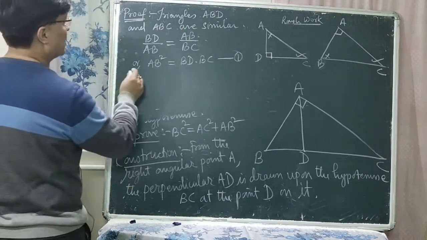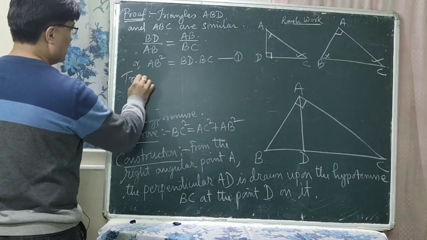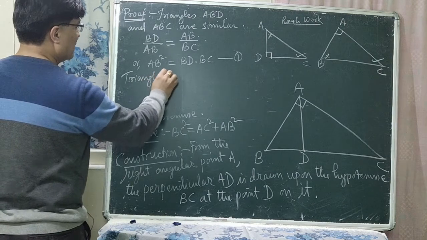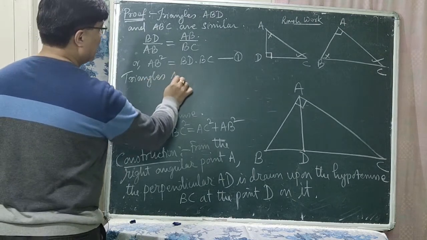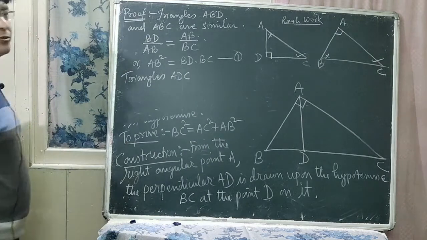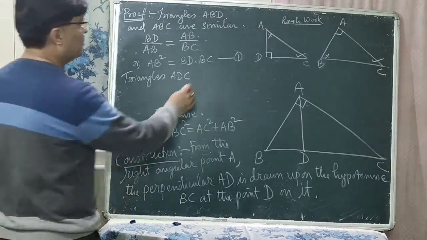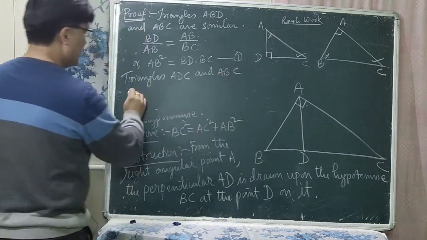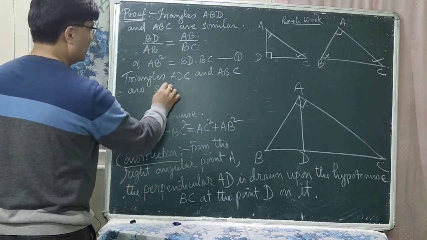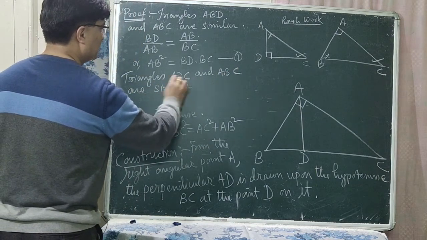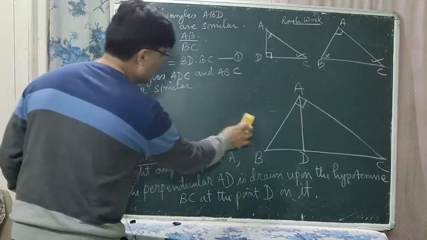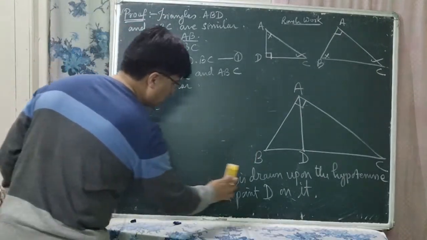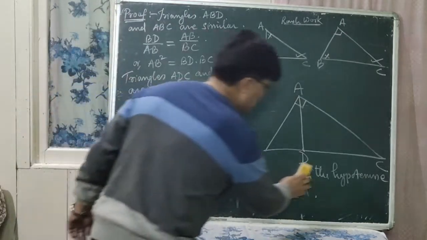So again, triangles ADC and ABC are similar. If they are similar, their corresponding sides must be proportional. You know that, isn't it?